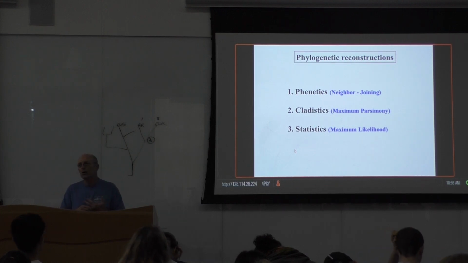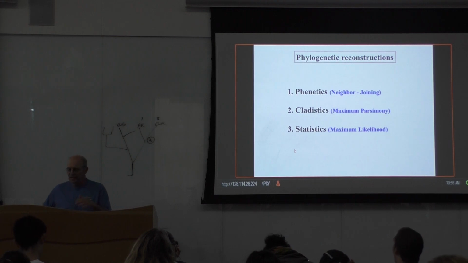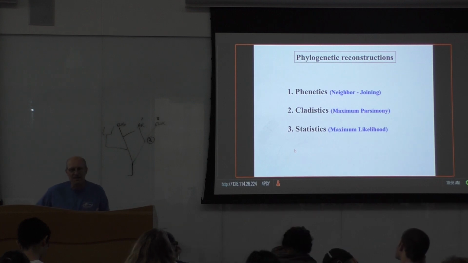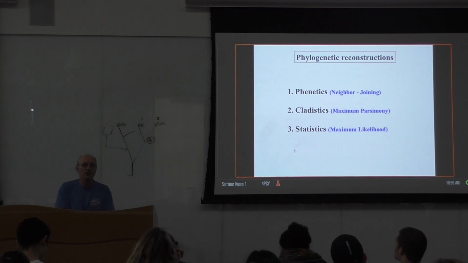The reason why I organize them in those terms is because that's the way it happened historically, as computer power increases every day. When we had very lousy computers, we were using only phonetics, and then later on we started using cladistics, and now people are using statistics. For the last method that I will be talking about, there is no computer yet strong enough to actually find the solution. But it's only a matter of time before we get computers powerful enough to do it.